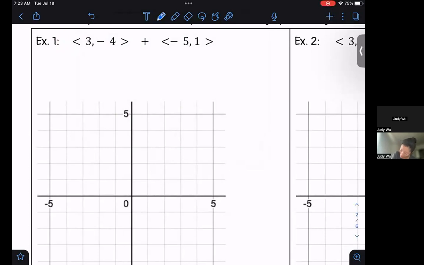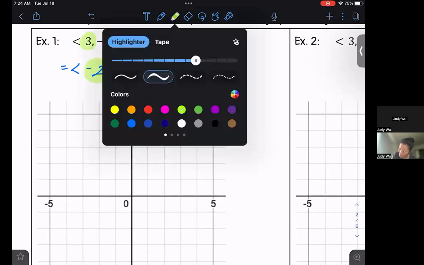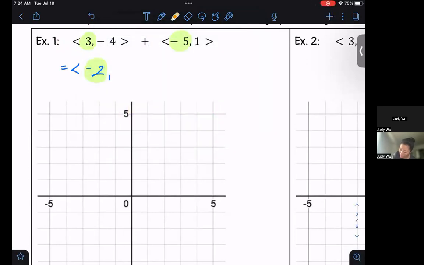In fact, we're going to take our 3 and our -5, and we're going to add them. So 3 plus -5 is -2. And that comes from the first component. And then we take our -4 and 1, and we add them.